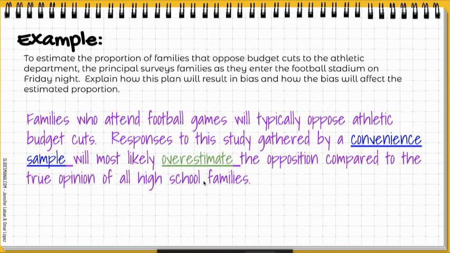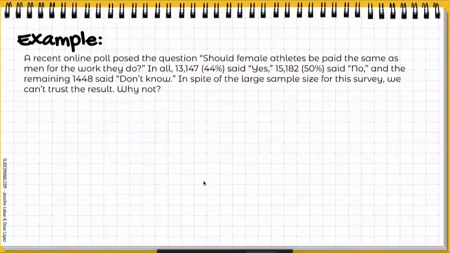Okay, the next example. A recent online poll posed the question, should female athletes be paid the same as men for the work that they do? And so here are the yeses, the nos, and then we have the remaining that say they don't know.